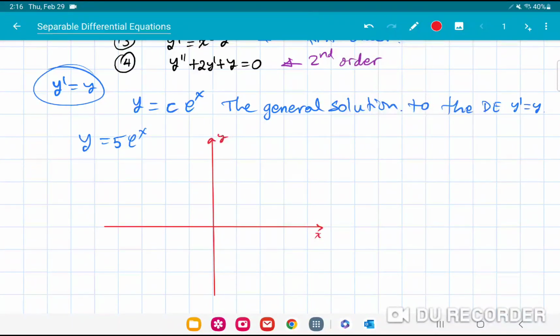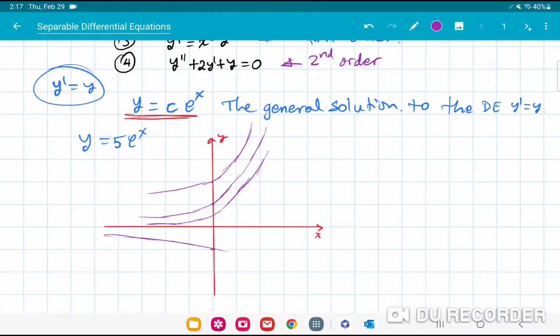Here's your y-axis. y equals c e to the power of x is a function that passes through the point c when x is 0. That c could be here. That would make it an exponential function that goes like so. Or it could be here, an exponential function that goes like so. Or a slow one like this. Or c could be a negative one, which means it's the exponential function that goes down. So any of these curves is a solution.